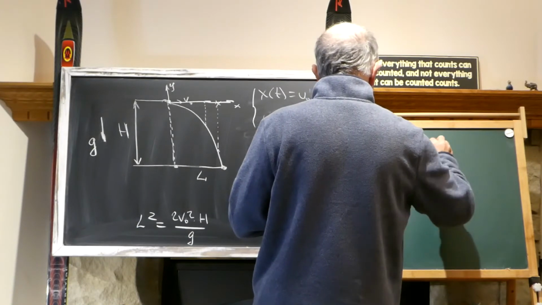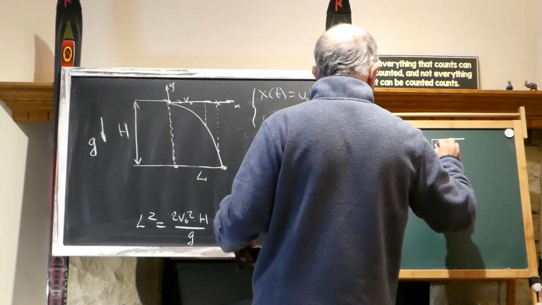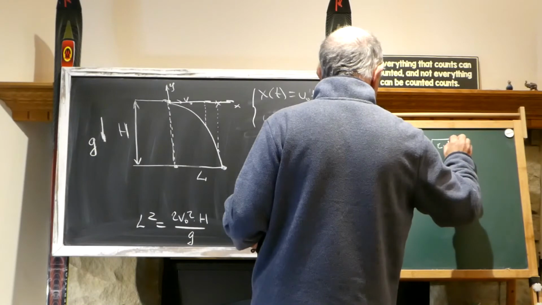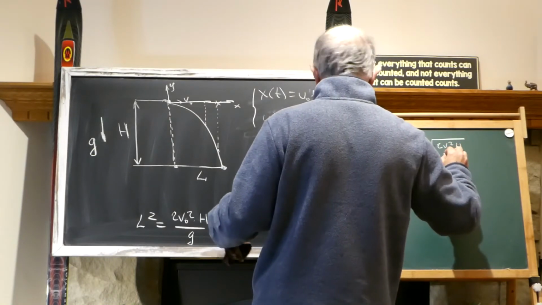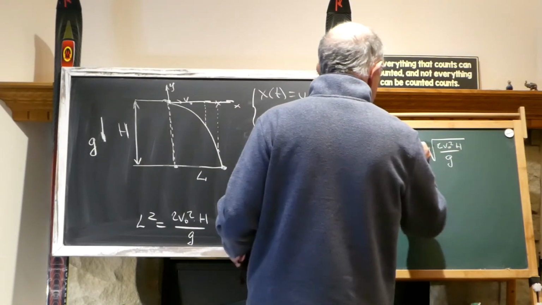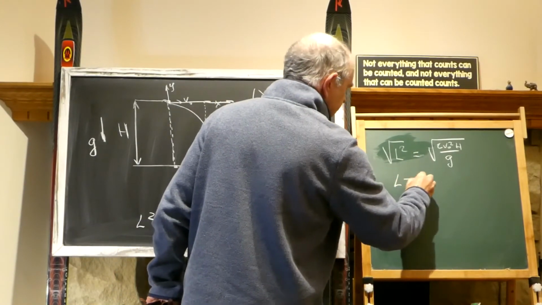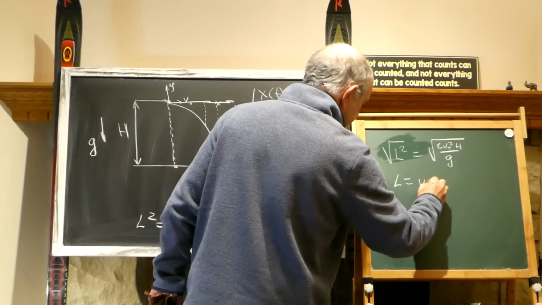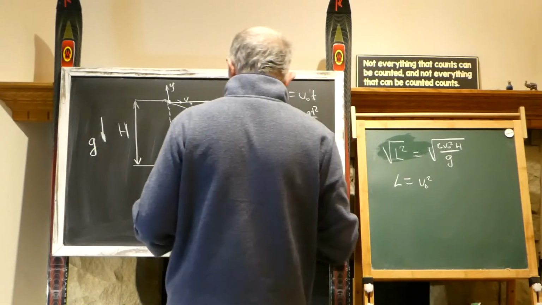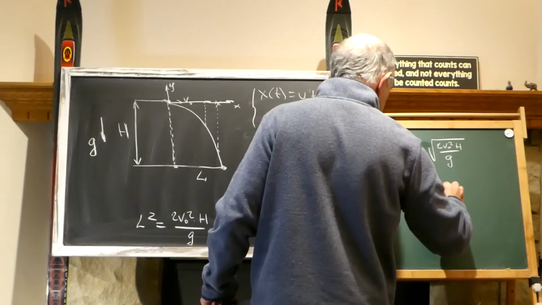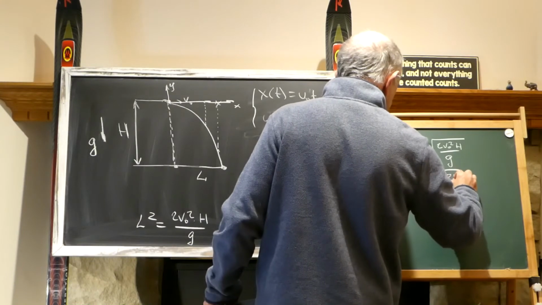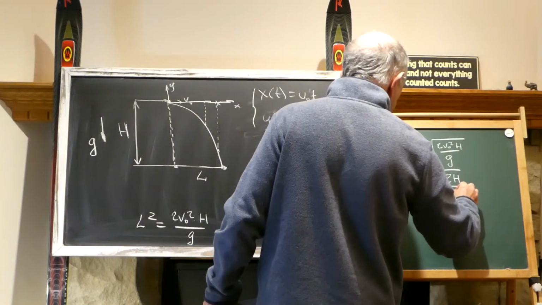Let me do it slowly. Square root from this side as well: 2v0 squared h divided by g. Square root and gone, so L becomes this. v0 is factored out, and I have the square root of 2h over g.